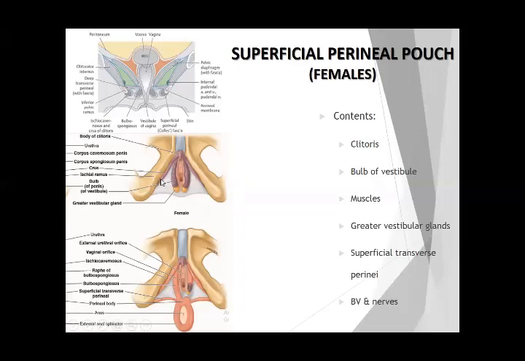Then you have the greater vestibular glands posteriorly, which I just told you are partly covered by the posterior edge of the bulb of the vestibule. And don't forget this muscle, the superficial transverse perineus, just like we saw in the males. And of course, the same deep nerves and vessels that we have.